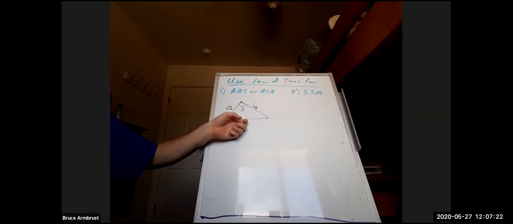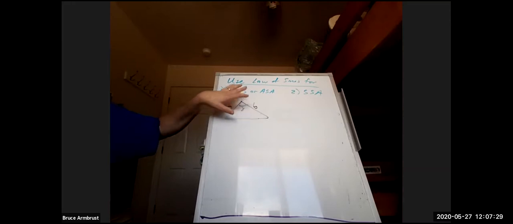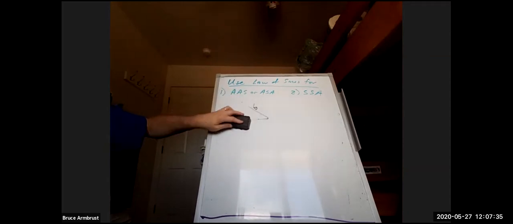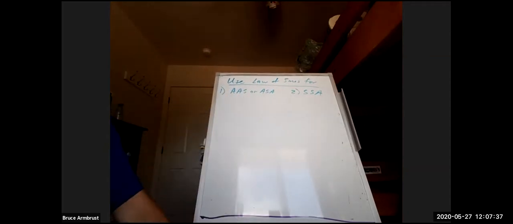It's not a right triangle. So there is no way to find C, and there's definitely not a way to find one of the angles. Law of sines, though, can be used for side-side-angle. So let me show you an example and show you how this plays out.